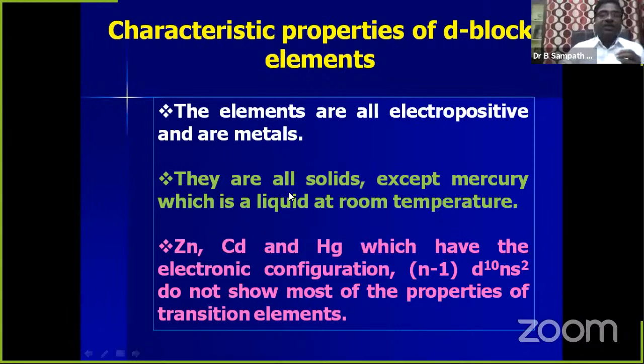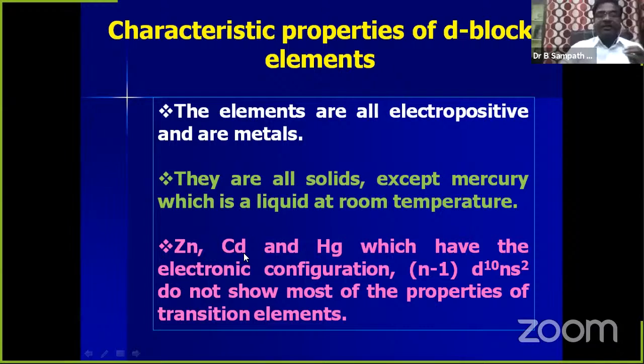They are all solids except mercury, which is a liquid at room temperature. Generally metals are present in the solid state, but here, except mercury, all the remaining are solids, and mercury is a liquid at room temperature.